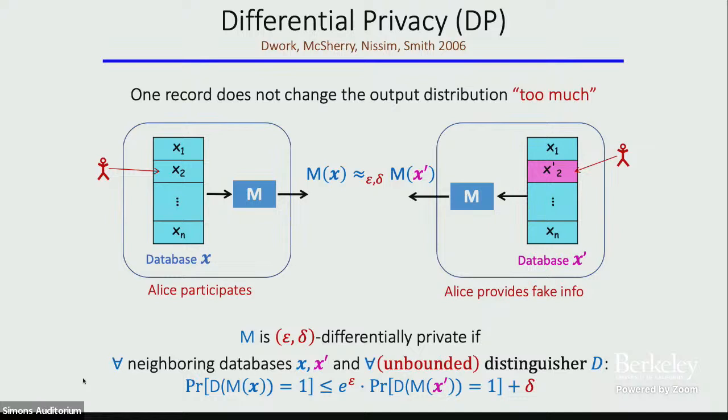This means that the probability of the distinguisher to output 1 on the output of the mechanism on X is up to a 1 plus epsilon factor the same as the probability that it outputs 1 on the output of the mechanism on X prime. And again, this is a very strong definition. Even if the distinguisher knows everything about the database except for one entry, it cannot distinguish between the real entry of the participant and the fake one.